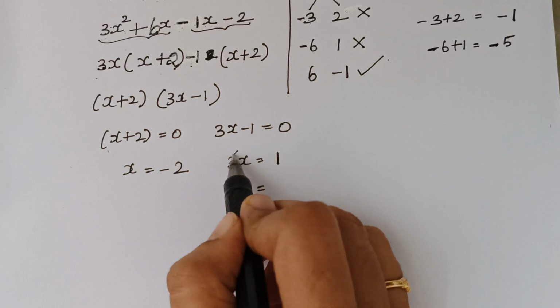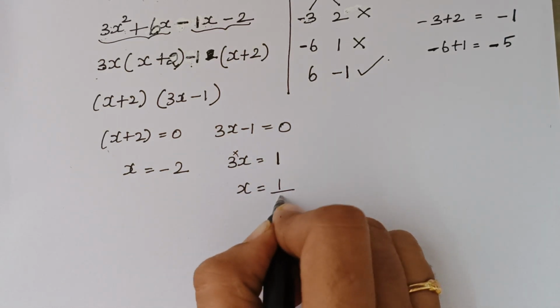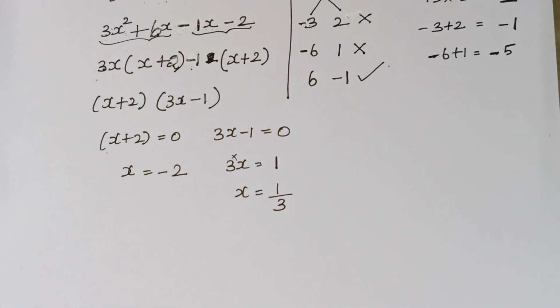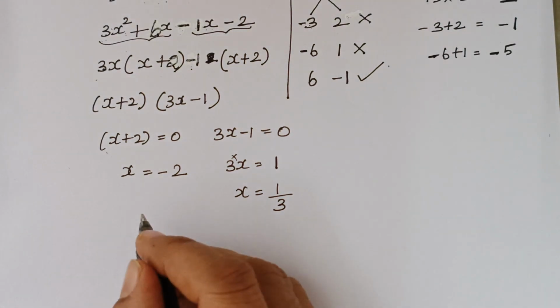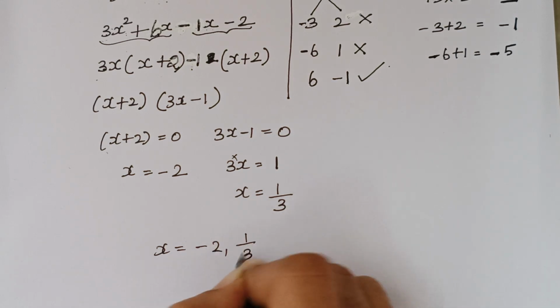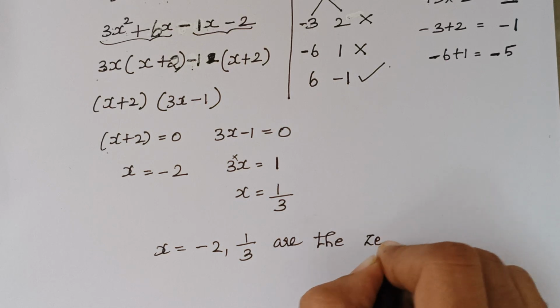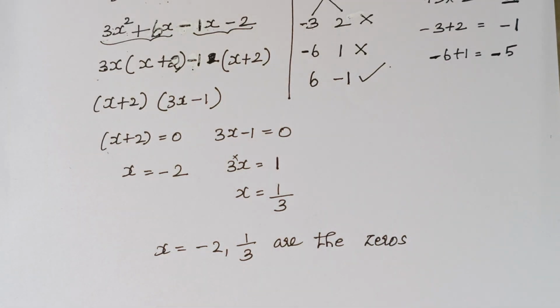So here 3 is multiplied with x. When you move this 3 here, it will occupy the denominator place. So x equal to 1 by 3. So therefore x equal to minus 2 comma 1 by 3 are the zeros of this quadratic equation, right?